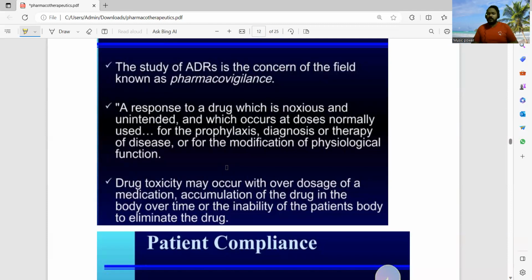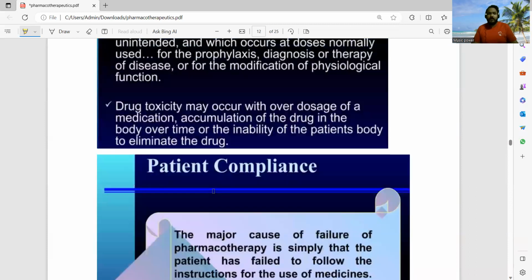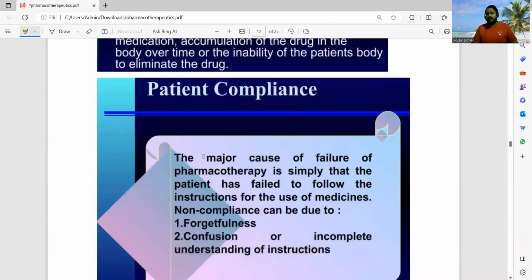Drug toxicity may occur with overdose of a medication or accumulation of the drug in the body over a long period of time, when the patient's body is not able to eliminate the drug in a proper manner. It may be a cause. Patient compliance is the major cause. What is patient compliance?